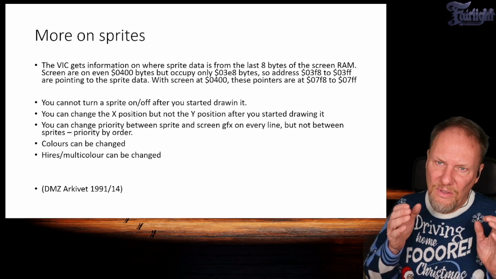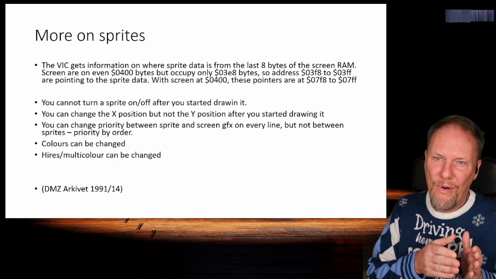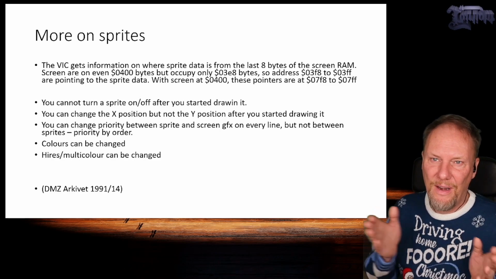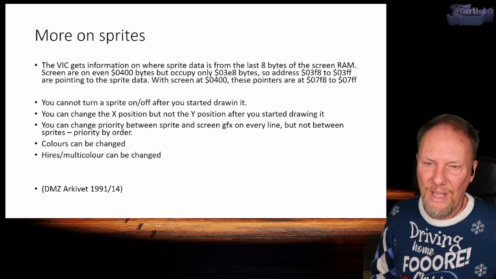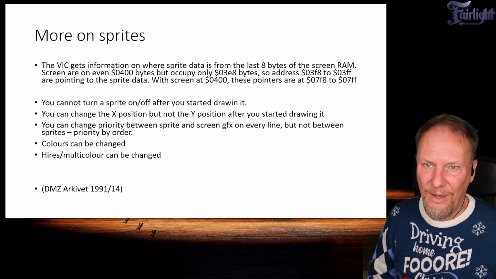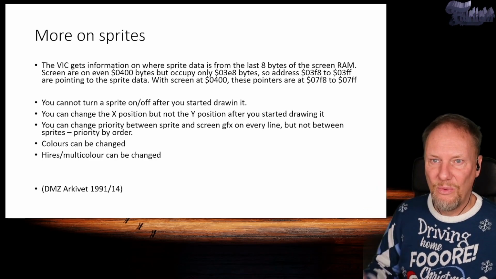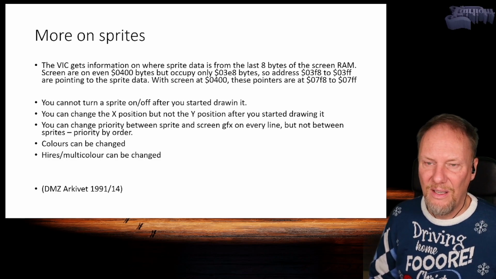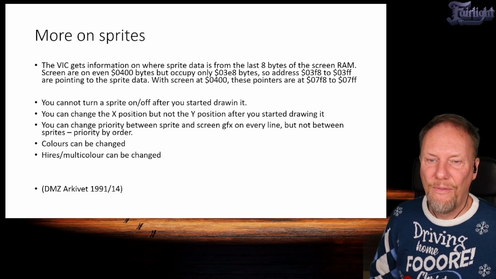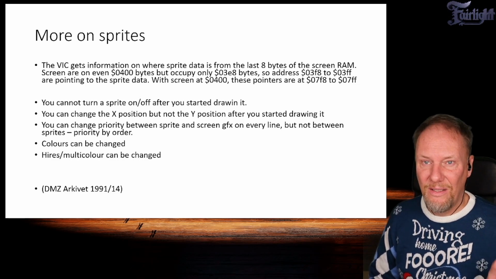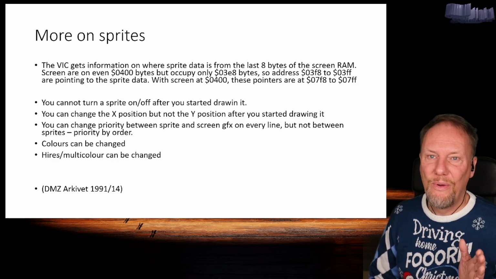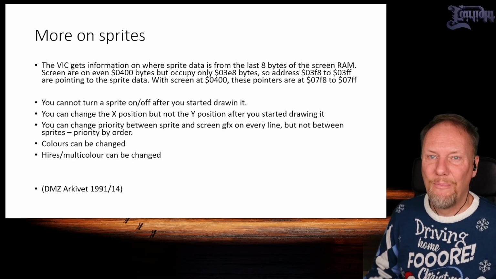The screens can sit on 0400 even addresses, but a screen itself is only 1000 bytes, 40 times 25, and expressed in hexadecimal, that's 03E8. That means that basically from 03E8 until 03FF, you have a little empty space.